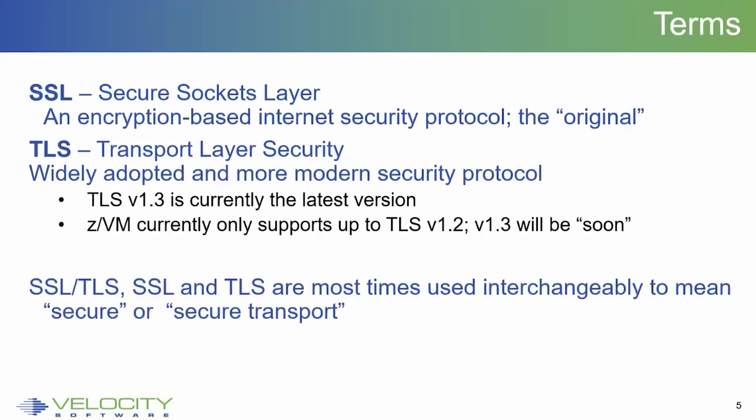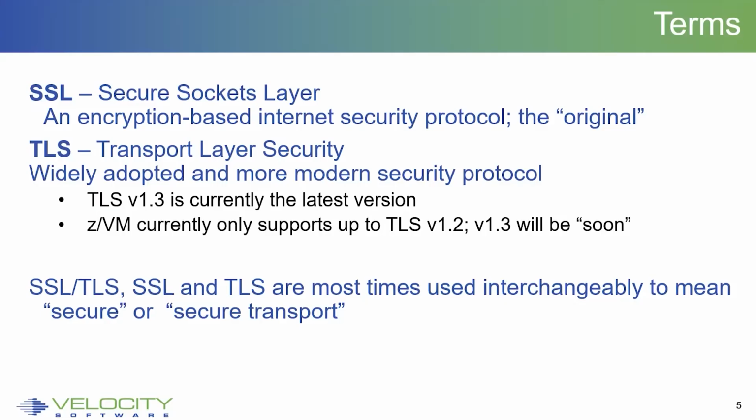TLS is a newer term, and it is most used nowadays; it stands for Transport Layer Security. Most people will use TLS instead of SSL, but they generally mean the same thing.